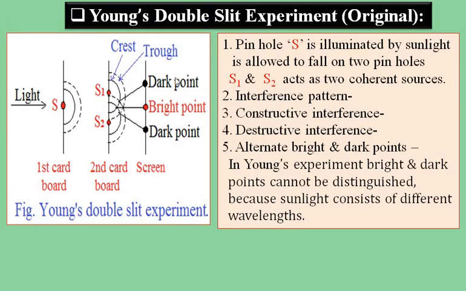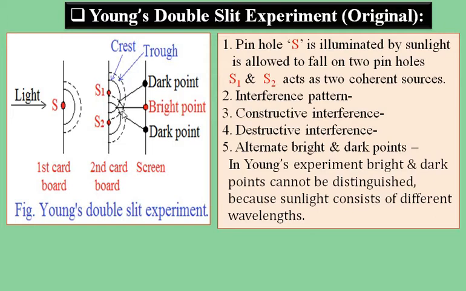We know that the process of addition or subtraction, that is enhancement or cancellation of the displacement of the two waves, is called interference. We have seen in the last lecture what is meant by constructive interference and destructive interference. Constructive interference means the crest of one wave coincides with the crest of the other wave, and the trough coincides with the trough.